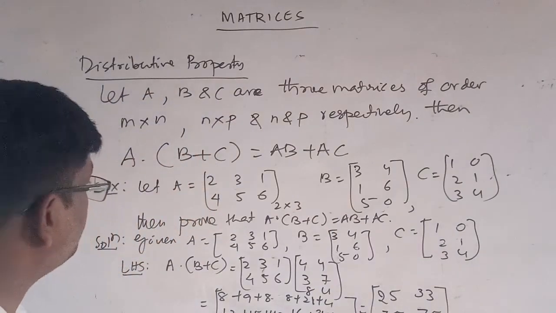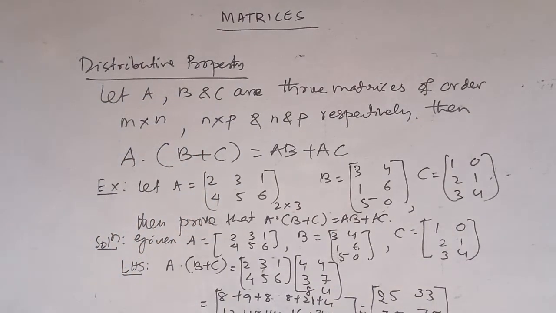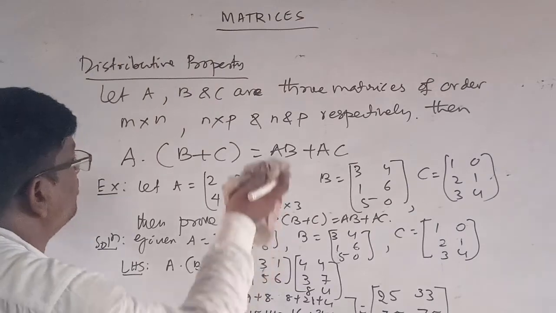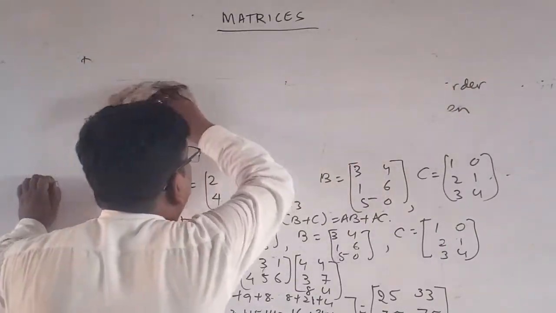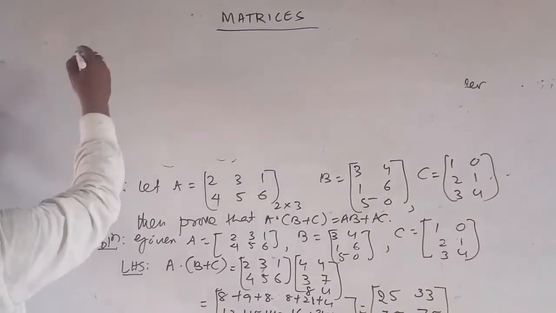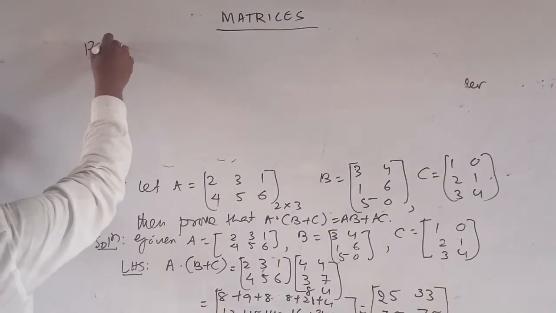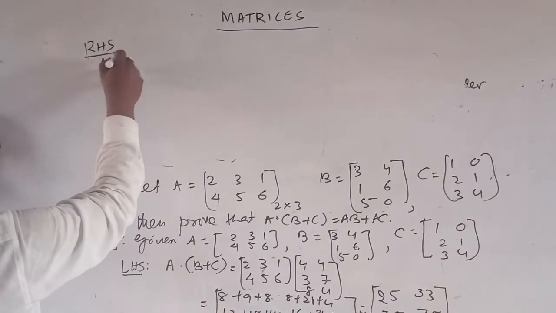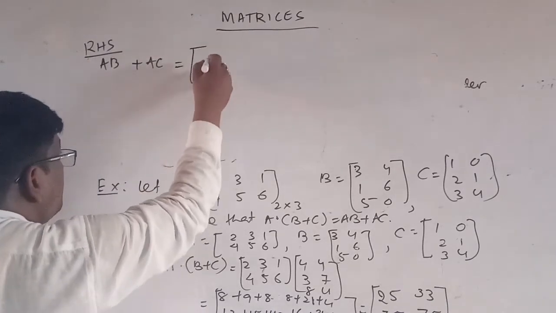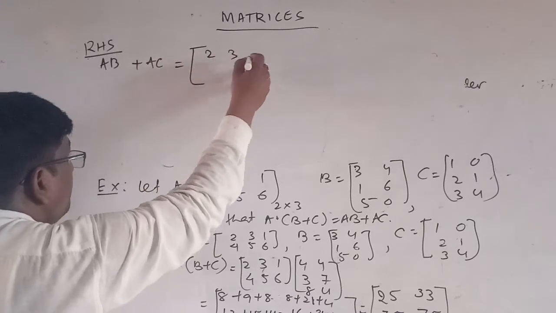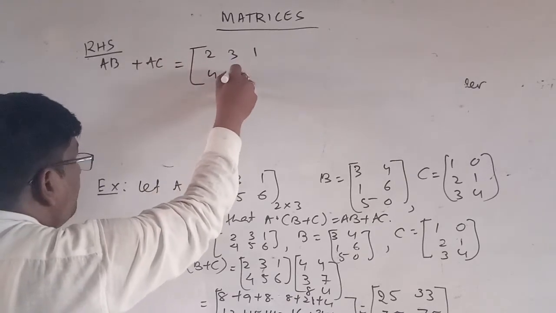This is LHS. Now RHS is equal to AB plus AC. What is A? A is 2, 3, 1, 4, 5, 6.